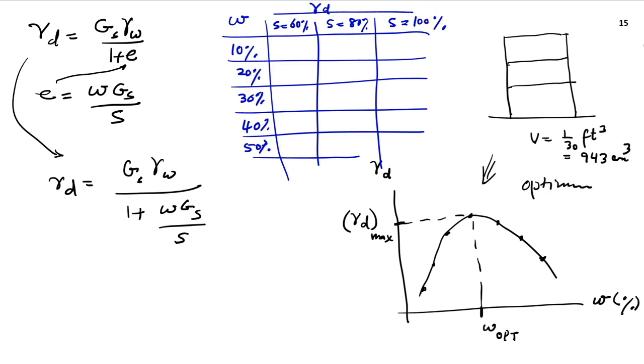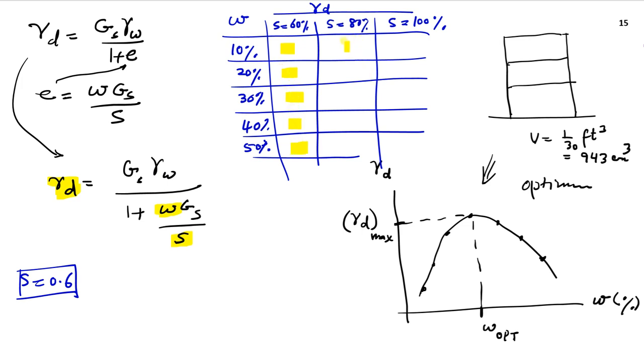So what we do is, we put the S value in this formula. For example, when S is 60%, S is going to be 0.6. So when S is 0.6, and we keep on changing this water content w, first it is going to be 0.1, then 0.2, then 0.3, then 0.4, then 0.5, and then we are going to get these values.